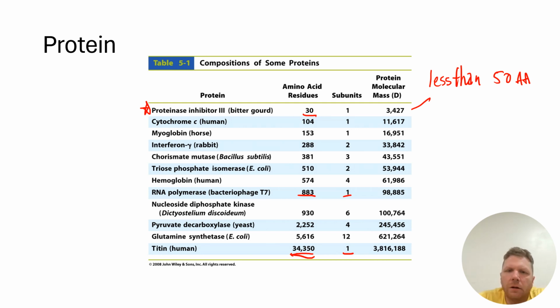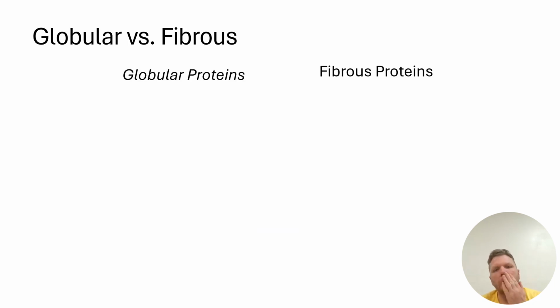That is more than 10,000 times the size of that smallest protein, and it's still a monomer. The level of complexity, the number of subunits, there's not a rhyme or reason for, oh, well, if it's this large, it's got to be multiple subunits or anything like that.